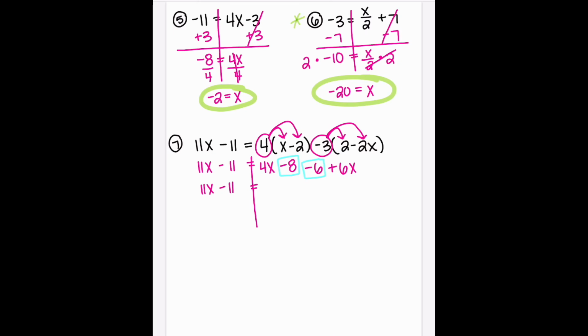Those are like terms because they're just constants, plain old numbers. And we have 4x and positive 6x. So let's combine those like terms. The x's, 4 plus 6, becomes 10x. And the constants, negative 8 minus 6, be careful here, this is a bigger negative number. Negative 8 minus 6 is negative 14.